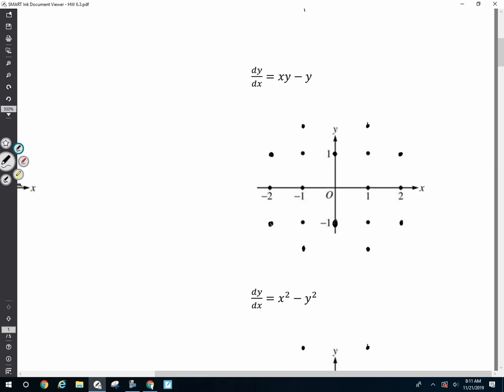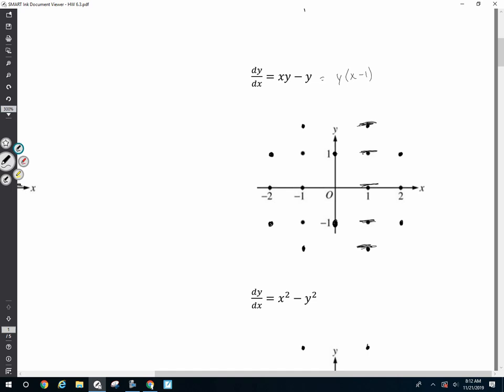xy minus y. All right. Well, if x is 1, all these are going to be y minus y, which is 0. So 0, 0, 0. It might be easier if I factor out a y.